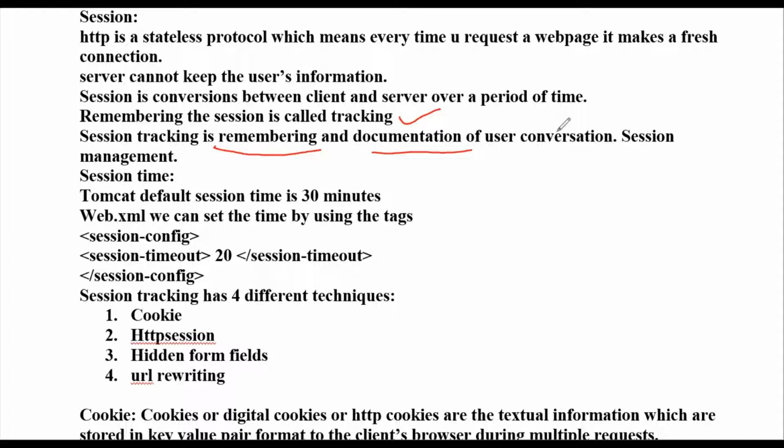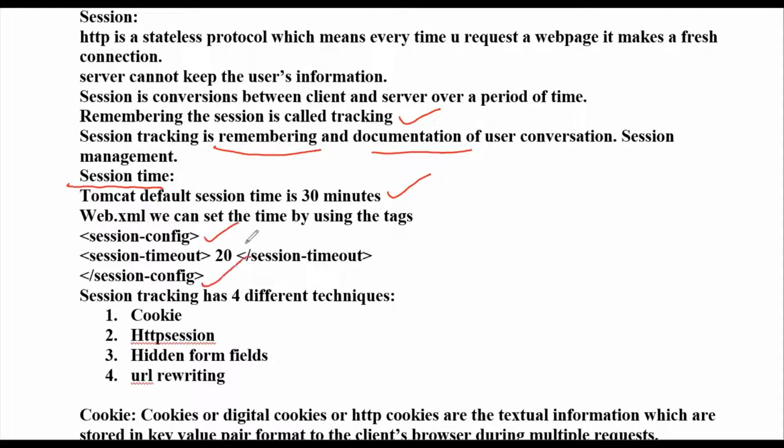So let us now look into what is meant by session timeout. By default in Tomcat, it is 30 minutes. You can also change this session timeout in the web.xml file by using the session-config tag.